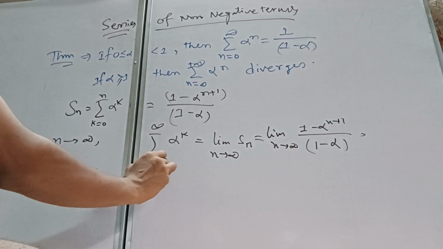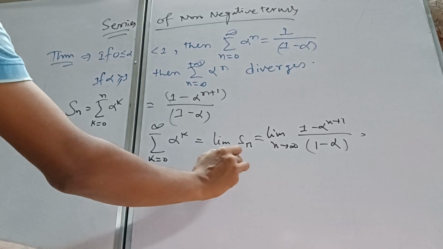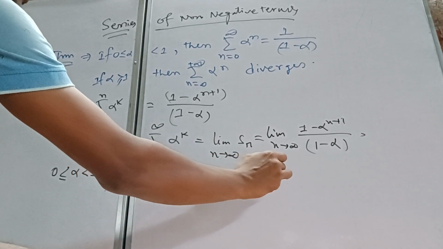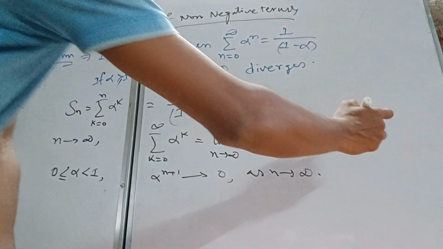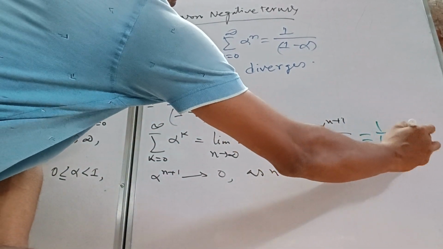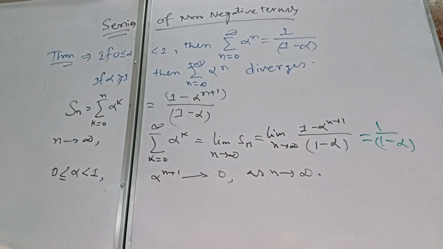So alpha to the power n plus 1 tends to 0 as n tends to infinity. Then this limit equals 1 by 1 minus alpha. Not a problem at all.